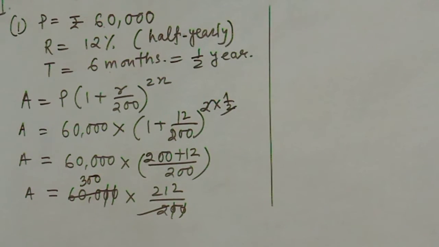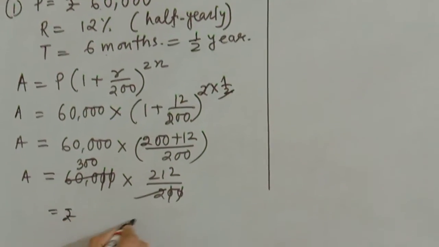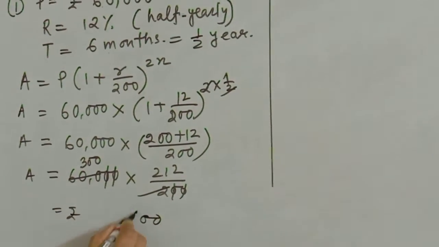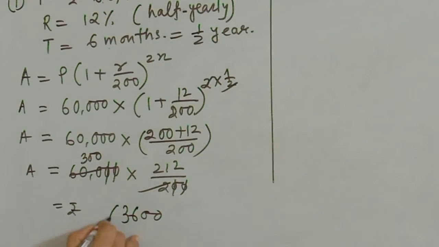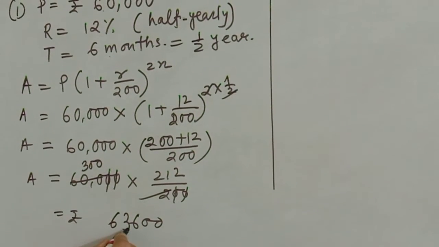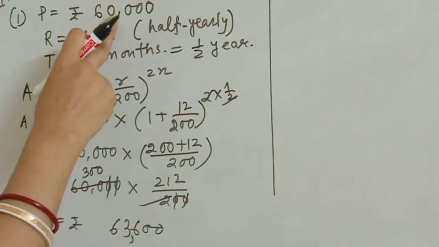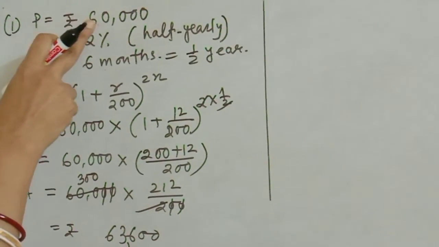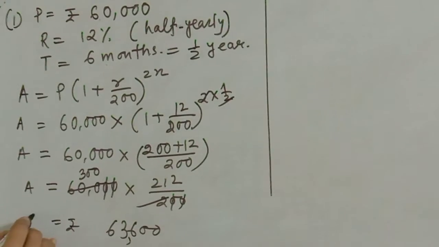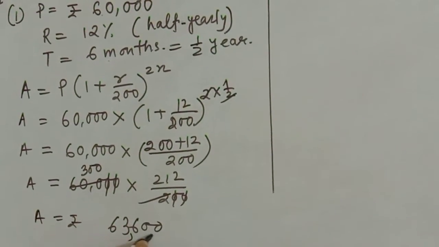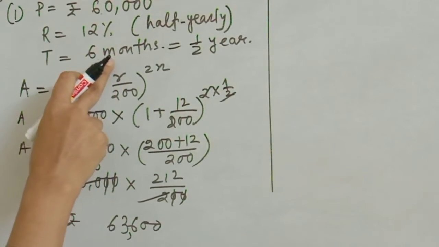Now if you multiply it by 3, you will get 3 2 is 6, 3 1 is 3, 3 2 is 6. So 63,600.